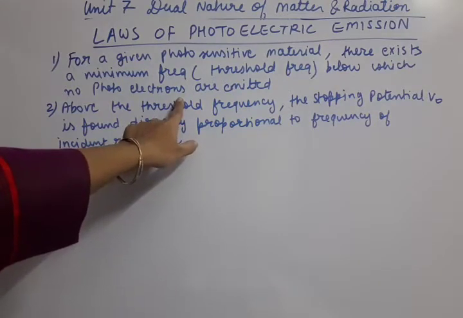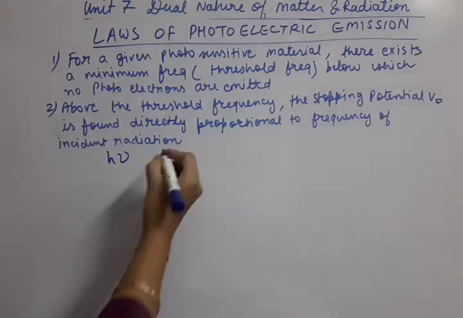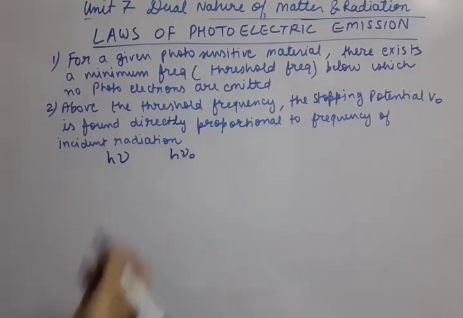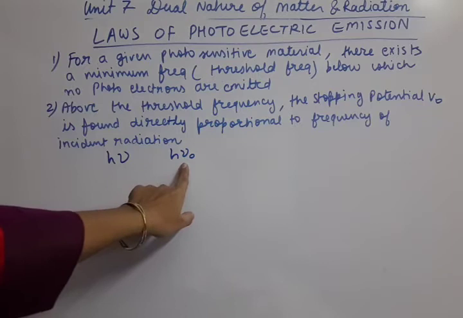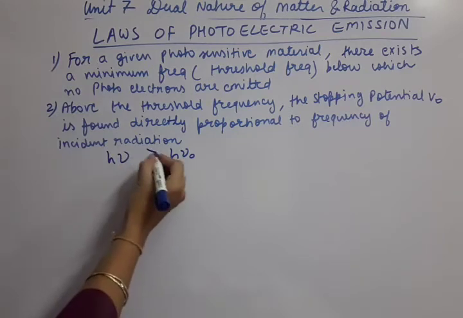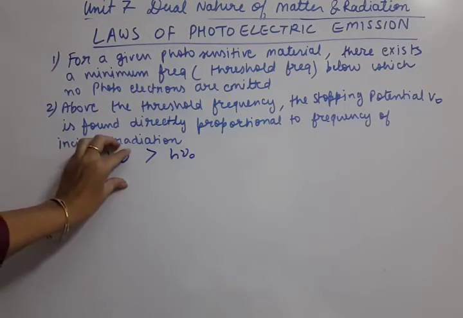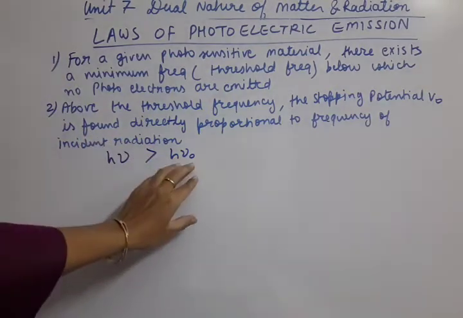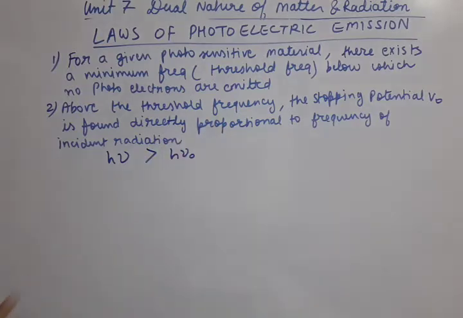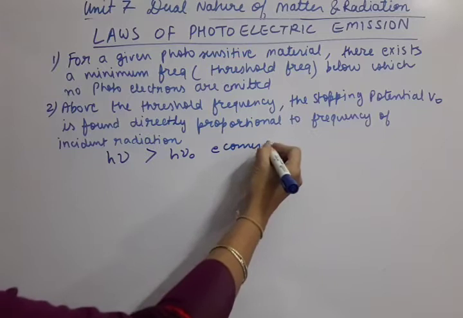Okay, this we have discussed already, that h nu is the incident energy and h nu 0 is the work function. Work function means the minimum energy required to take one electron out of the metal surface. So if h nu is greater than h nu 0, that is, the incident radiation is carrying more energy than required, then only the photoelectric effect will take place or the electron comes out.